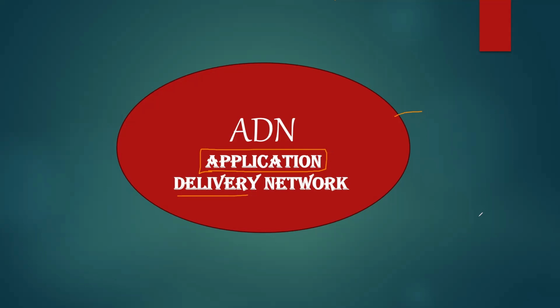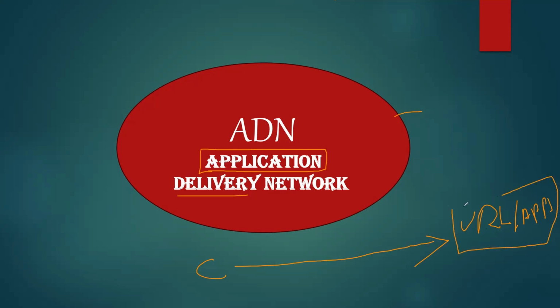So an application is nothing but a URL or any application which is deployed on the last mile and used by the client. The client wants to access any URL, any service, any application. That application security is basically dealt with by the ADN concept, right?